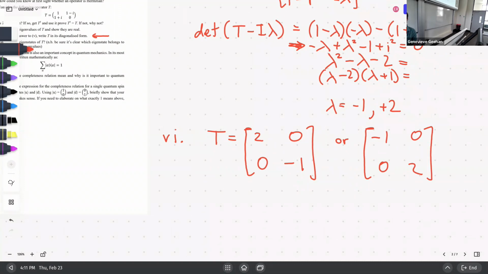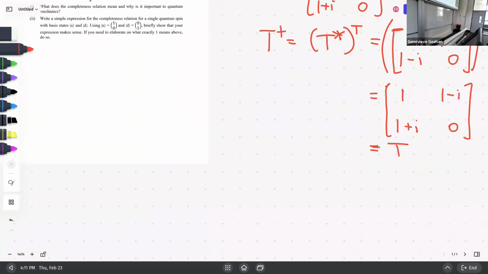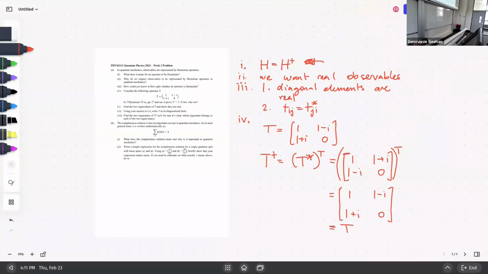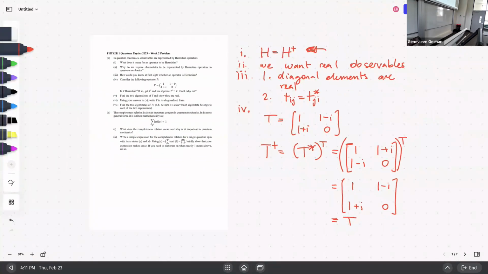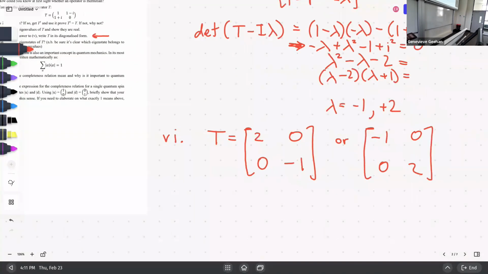And you can see, based on what we said in question 3, triple I, the two conditions for the operator being Hermitian, you can see just by looking at it that this meets those conditions.